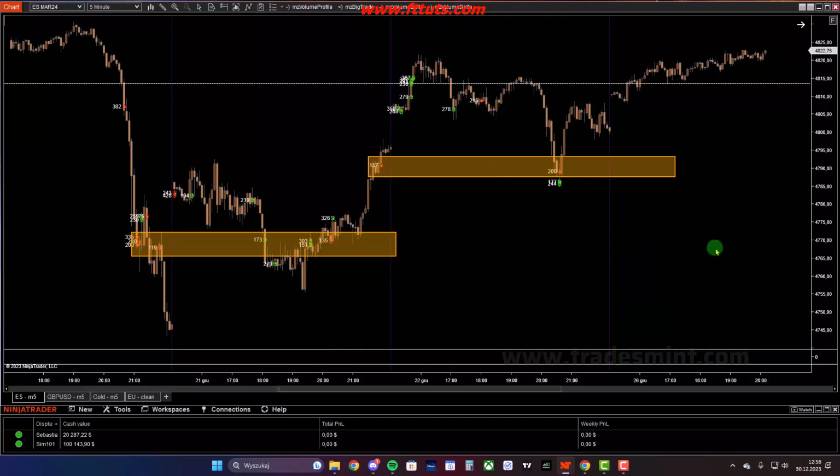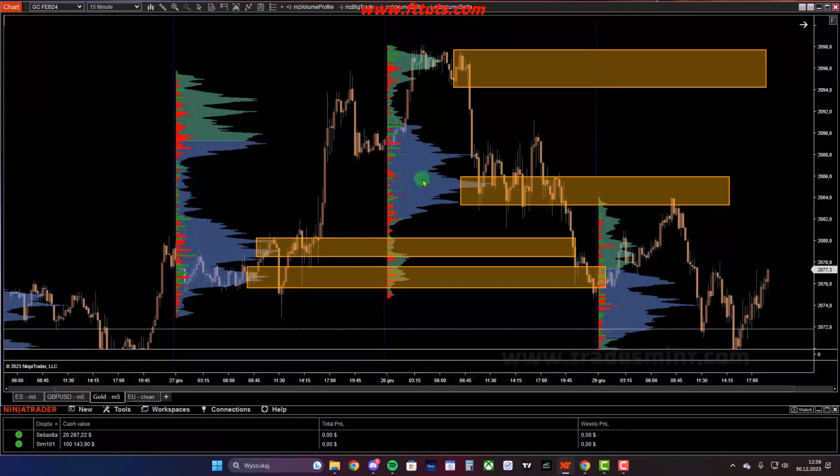So these are the 5 ways of marking the zones. This is really the strongest. This one honestly can give you a lot of confusion, but I hope that after some time it will really be helpful for you when you see live that a big order is placed.